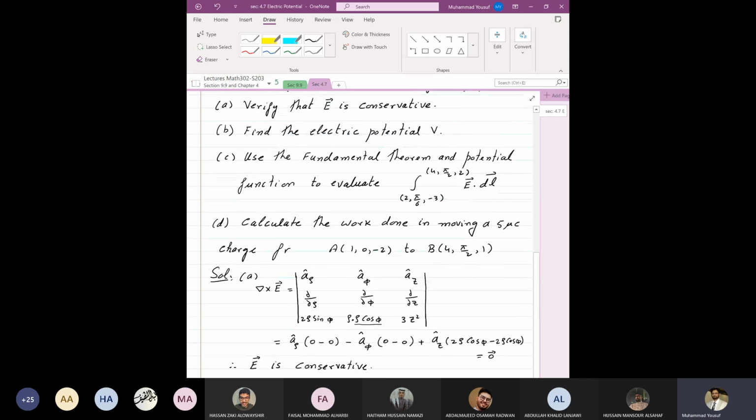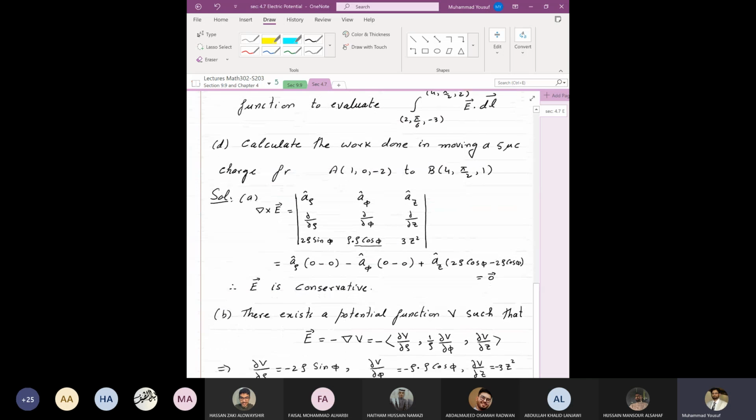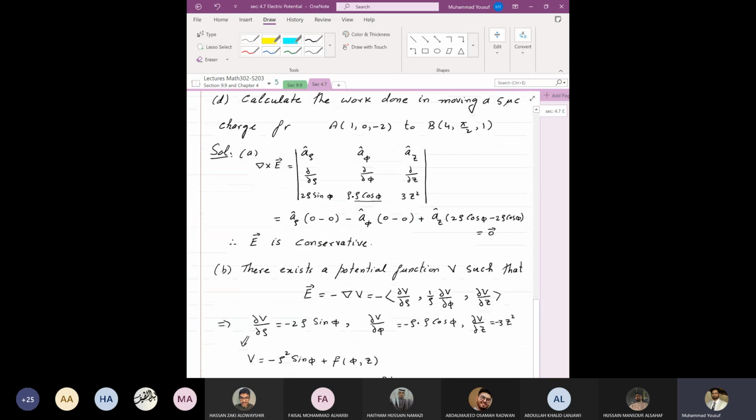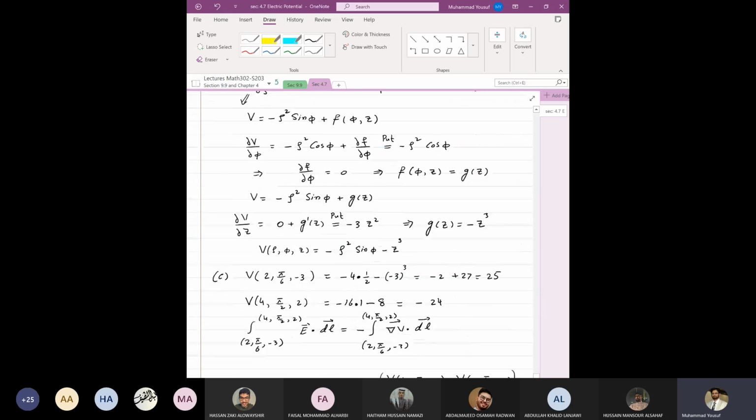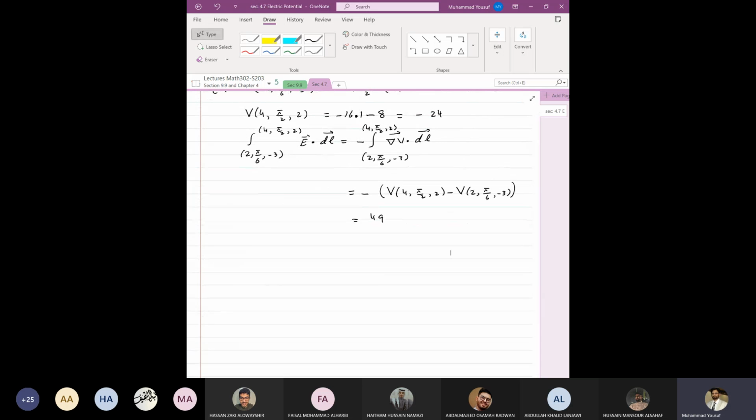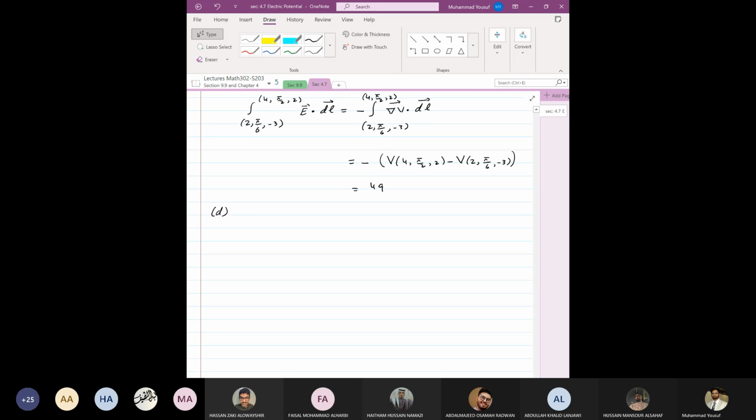What is left is to calculate the work done in moving a charge of 5 microcoulomb from this point A to another point B, not this point, another point. So part D is that V is equal to negative rho square sine phi minus z cube.